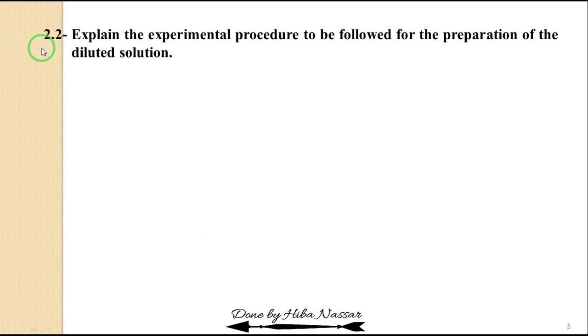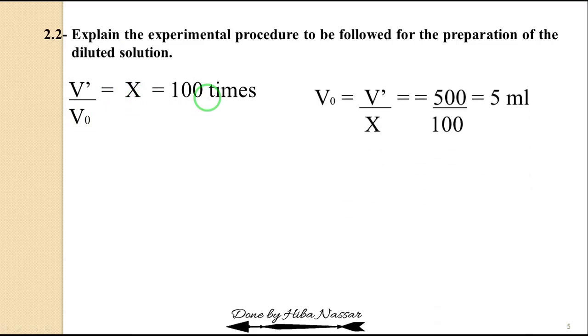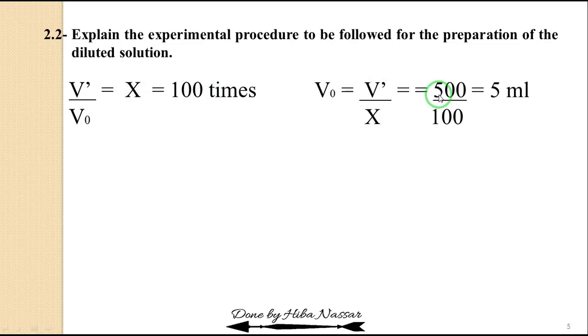Now question 2.2. Explain the experimental procedure to be followed for the preparation of the diluted solution. Before writing the procedure, first of all you have to calculate V0, the initial volume. So again, using the same relation, V prime over V0 is equal to the dilution factor X, which is 100 times. V prime is equal to 500 milliliter, so we can say that V0 equals V prime over the dilution factor, which is 5 milliliter.